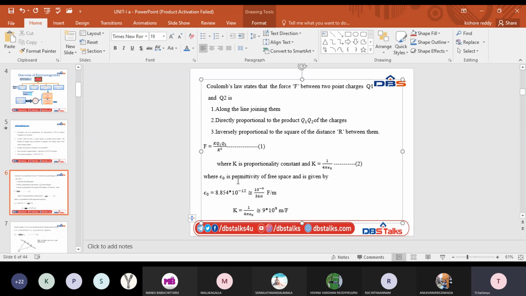The free space permittivity is 8.854 into 10 to the power of minus 12 farad per meter. And the overall K value, 1 by 4 pi epsilon naught, is equivalent to 9 into 10 to the power of 9 meters per farad. Are you clear on this equation? Students, are you clear on this equation?